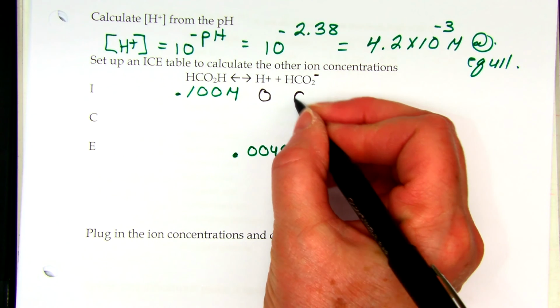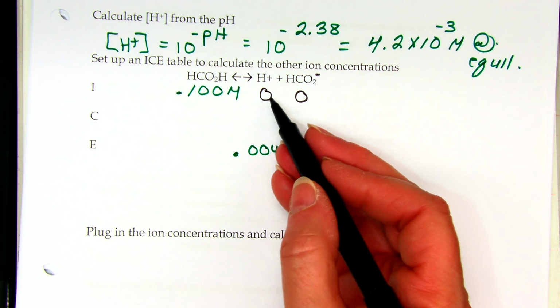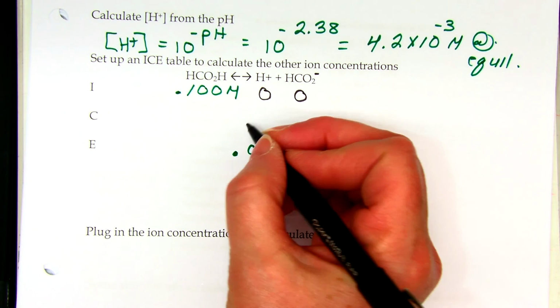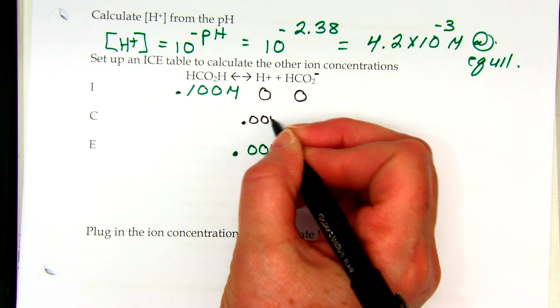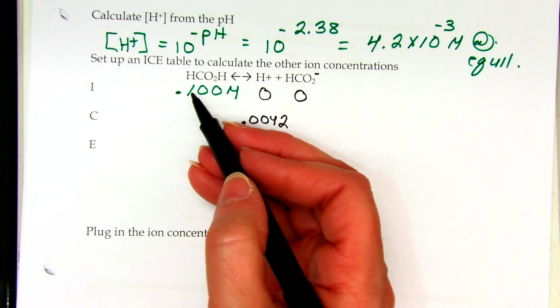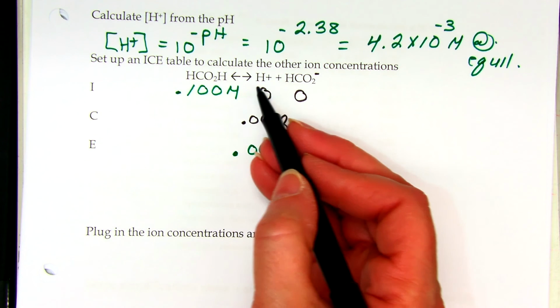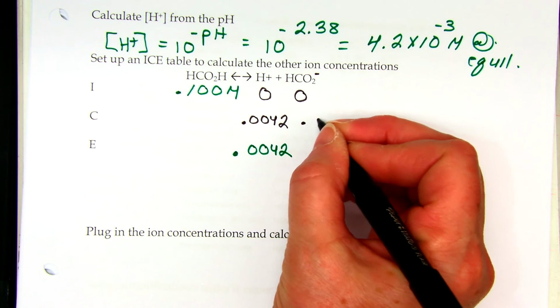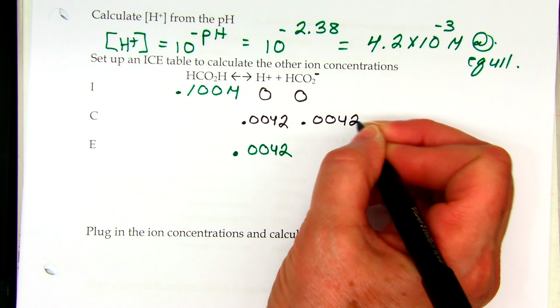0. So if I go from 0 to 0.0042, then this changed by 0.0042. This balanced equation is 1-to-1-to-1 stoichiometry. So this has to change by 0.0042 also.